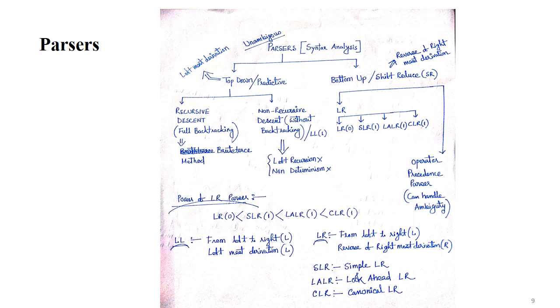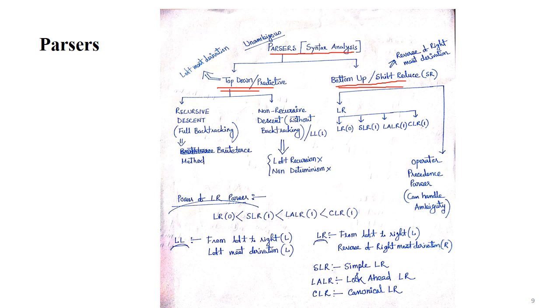Now in this slide we will discuss the classification of parsers. Parsers are always found in the syntax analysis phase. There are two types of parser basically. One is top down or predictive parser, and the other is bottom up or shift reduce parser.